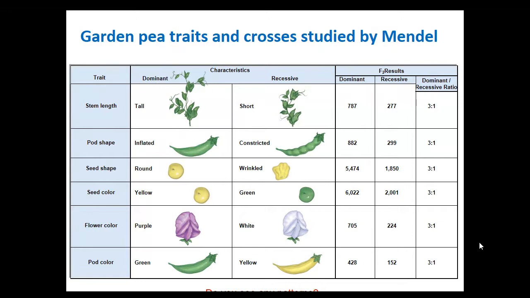So if you divide this number by this number, it's about 3. Divide this by this, it's close to 3. In every case, it's close to 3. So there's this 3-to-1 ratio. And he didn't know why that was. Nobody knew. But that ratio helped him figure out what's going on here.